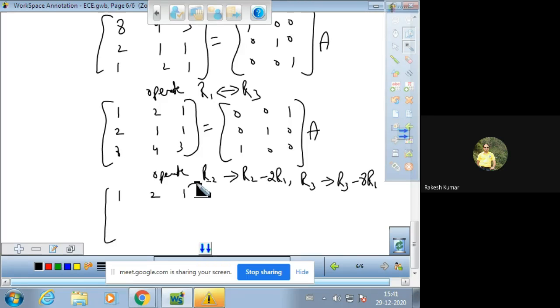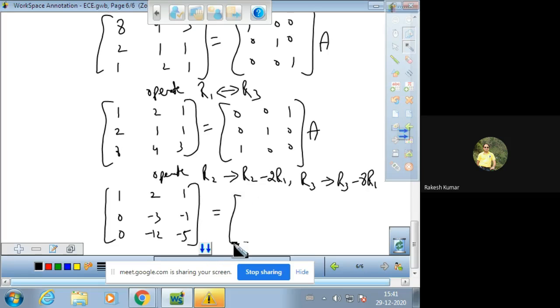1, 2, 1 will be there, and this will be 0 now, and this will be minus 3, and this will be minus 1. Similarly, this will be 0, and this will be 8 minus 8, which is 0, this will be 4 minus 16, which is minus 12. Similarly, 3 minus 8 comes out to be minus 5.